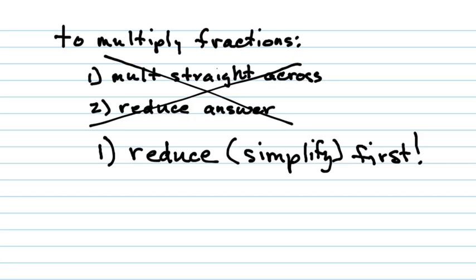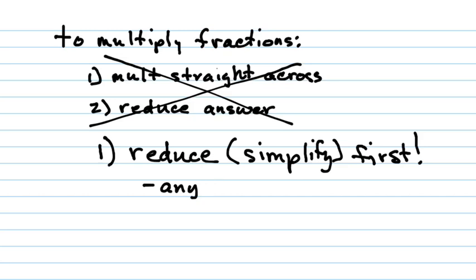And you also have to remember that when you're reducing, we have more than one fraction, don't we? Because if you're multiplying fractions, you've got to have at least two of them, right? Otherwise, you don't have multiplication. So we need to talk about what happens there. We can reduce any numerator. What's a numerator? The top. The top number, good.